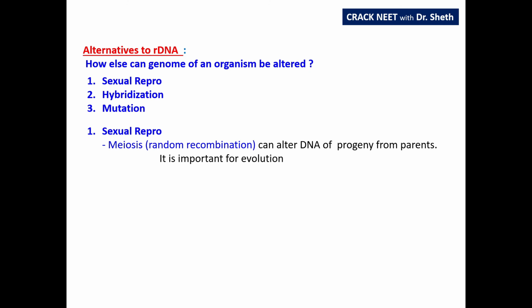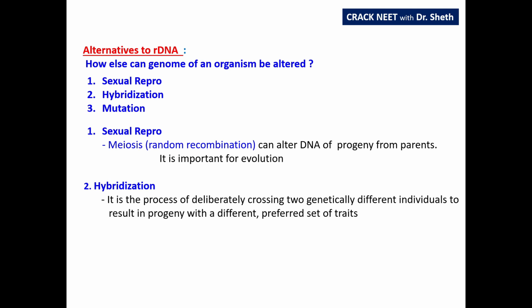This happens during gametogenesis, so that the gametes that are formed could be recombined, they could have new DNA, and when these recombined gametes fuse or fertilize, the zygote which will be produced, or the progeny which will be produced, will have genes or DNA which are different from that of the parents. So meiosis causes random recombination, and it can alter DNA of the progeny, making it different from that of the parents. This process is very important for evolution.